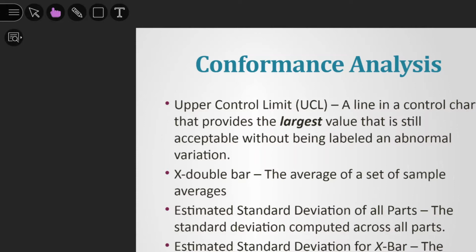But this number is needed because it is the numerator for the other parameter we have to calculate, called the estimated standard deviation of X bar. When we get to the formulas, you will see how it is specified. The estimated standard deviation of X bar is the standard deviation of all parts divided by the square root of n, where n is the number of samples you've made, not the number of days you were checking.